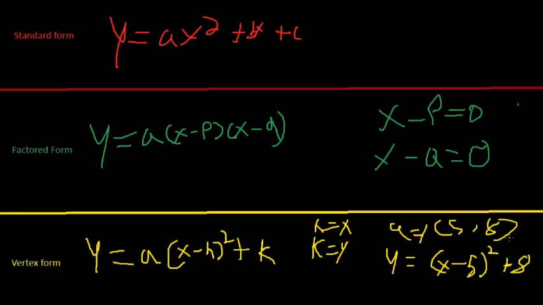But if the x, aka the h for the vertex form, is positive, that means it's going to be displayed as negative. So if you see this as x minus 5, don't get deceived and say, oh, the vertex is negative 5, 8. That's incorrect. The vertex would be 5, 8. And if the vertex was negative 5, 8, it would be plus 5 because negative times negative equals a positive. So if you see y equals x plus 5 squared plus 8, then that means the x would be a negative.